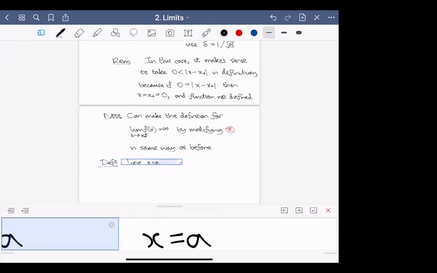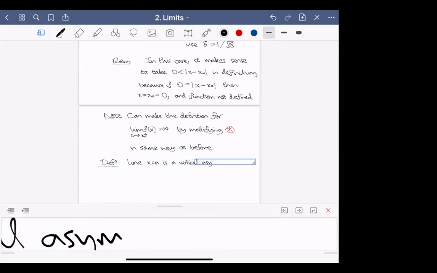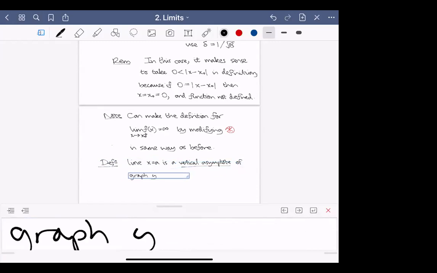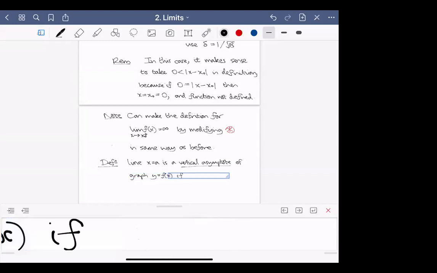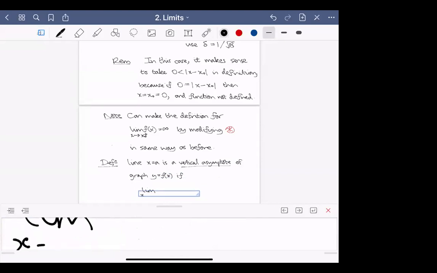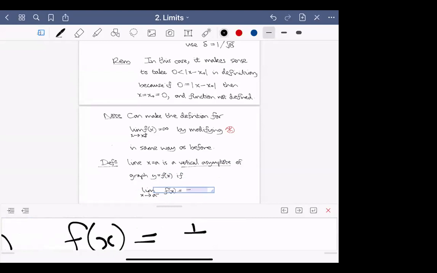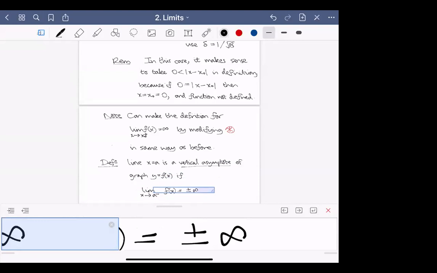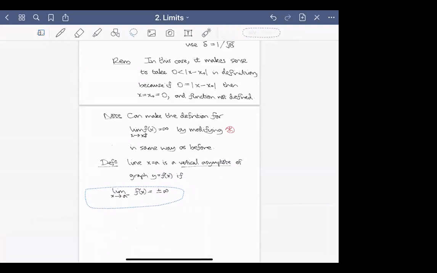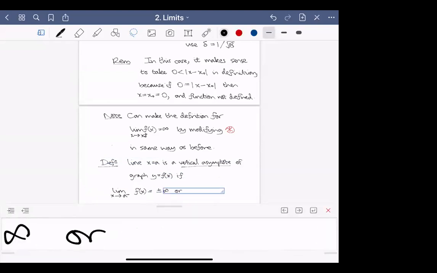So a line x equals a is a vertical asymptote of the graph y equals f(x) if the limit from the left of f(x) is plus or minus infinity, or the limit from the right is plus or minus infinity.